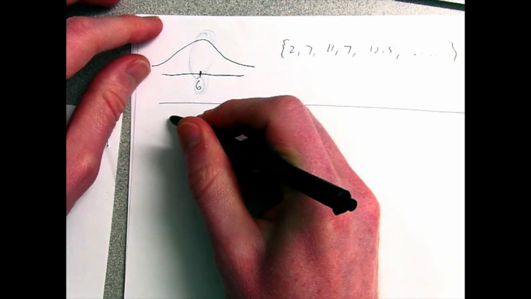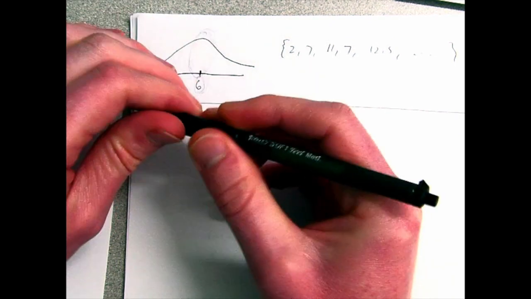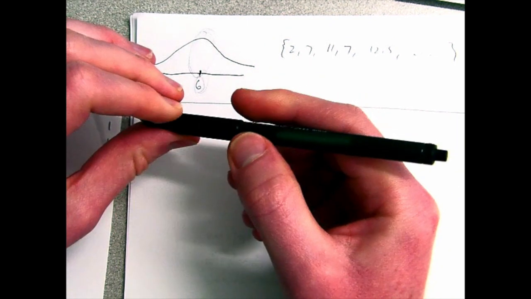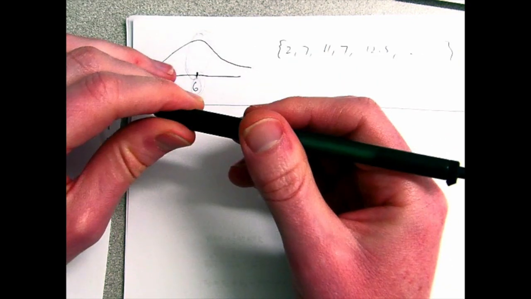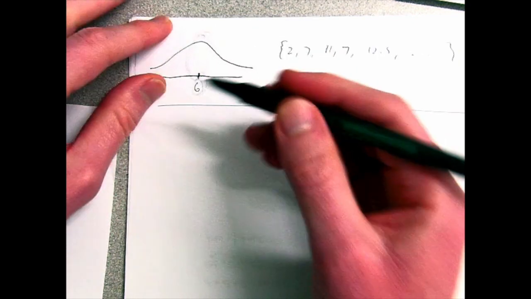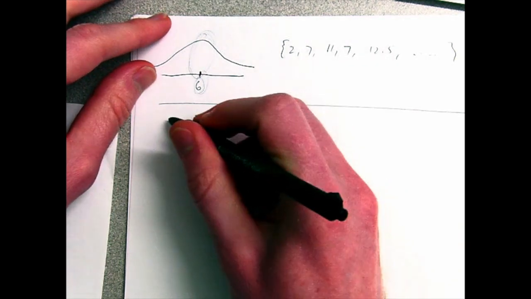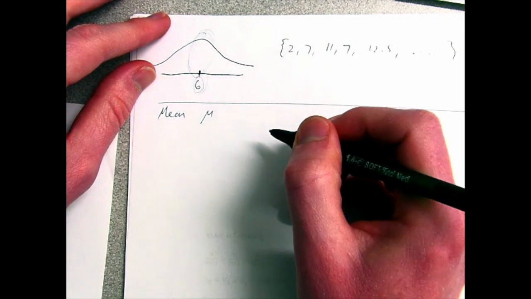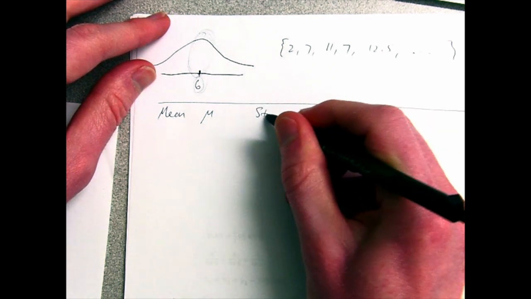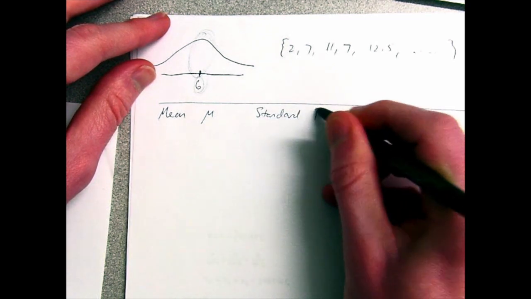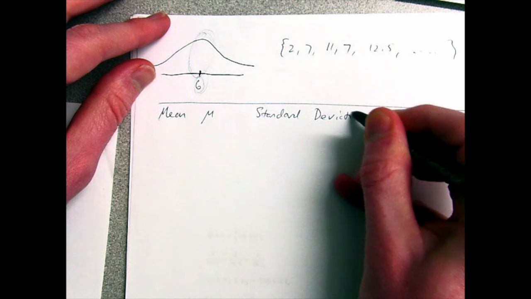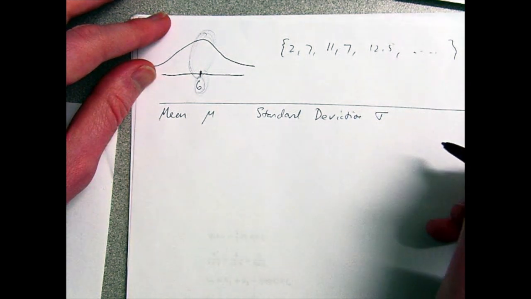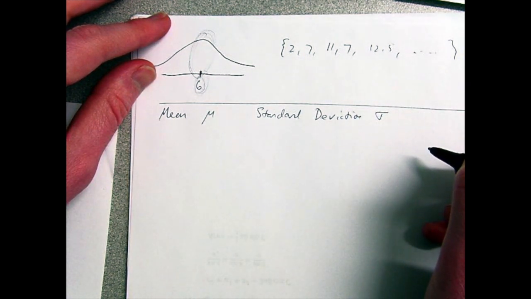The two things that determine the shape and location of a normal distribution are the mean, which we represent by the Greek letter mu, and the standard deviation, which we represent by the Greek letter lowercase sigma.